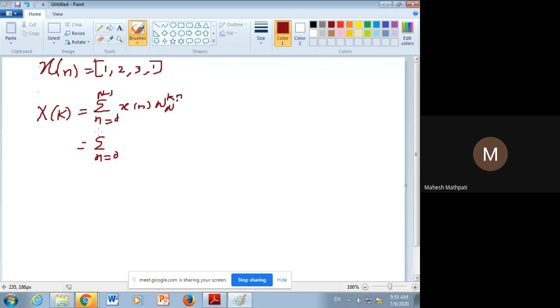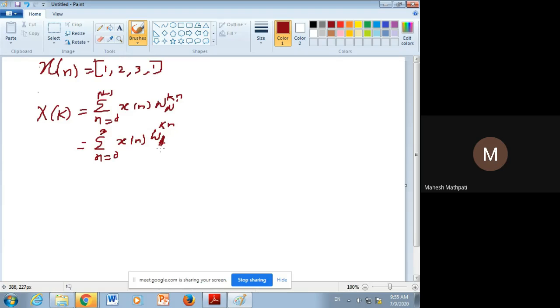What is the value of n? 4. It is 4. So I will write it is 4 minus 1. So it will be 3. Then it is x of n multiplied with w4 to the power kn.